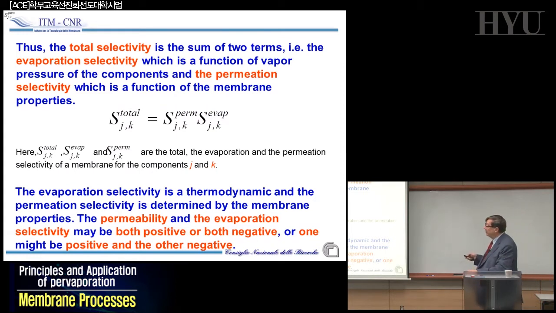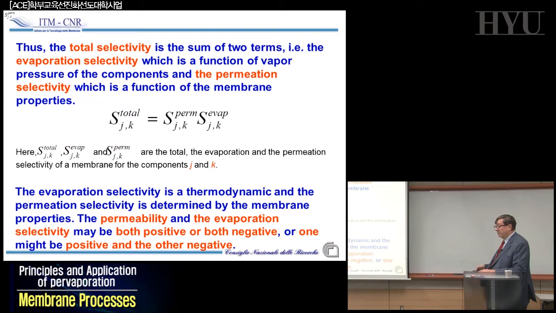And the other, which is the evaporation selectivity, which is the extreme limit if you're considering your feed in a traditional distillation process. So you always have to consider these two components, permeation and evaporation, for the total selectivity of the system. And as I was mentioning before, evaporation selectivity is a thermodynamic parameter, and the permeation selectivity is related to the membrane operation.